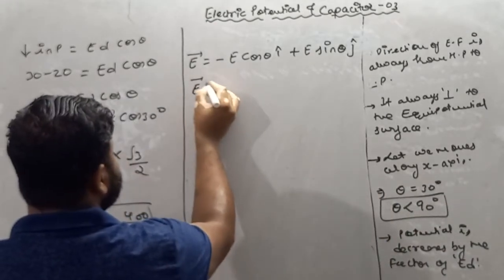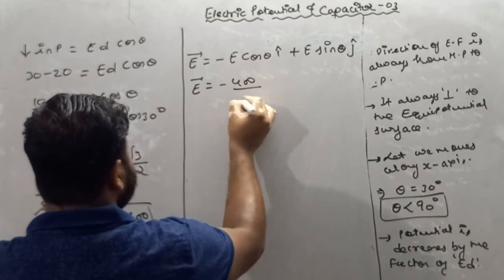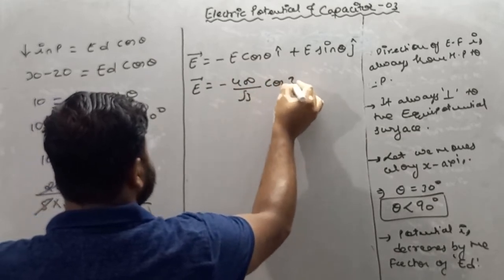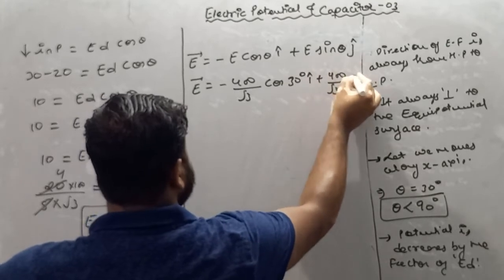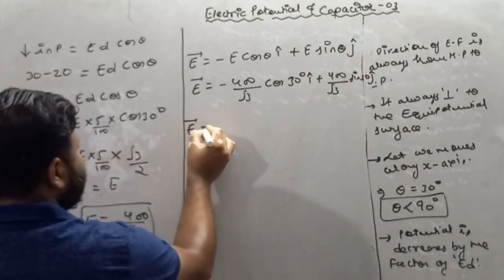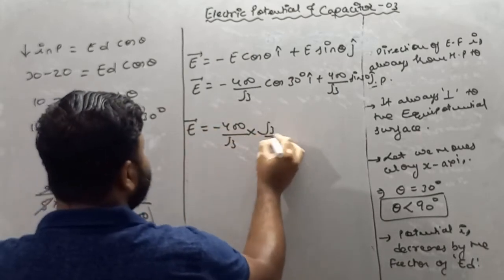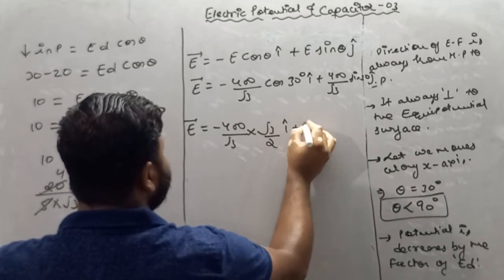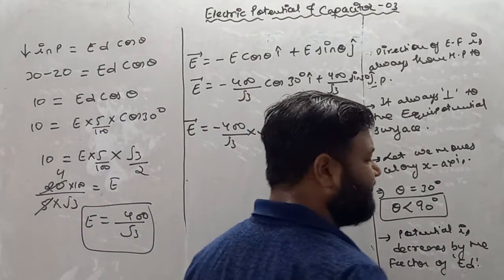So E vector is equal to minus 400 by root 3 cos 30 I cap plus 400 by root 3 sin 30 J cap. So cos 30 must be root 3 by 2 and sin 30 must be half, my dear student.